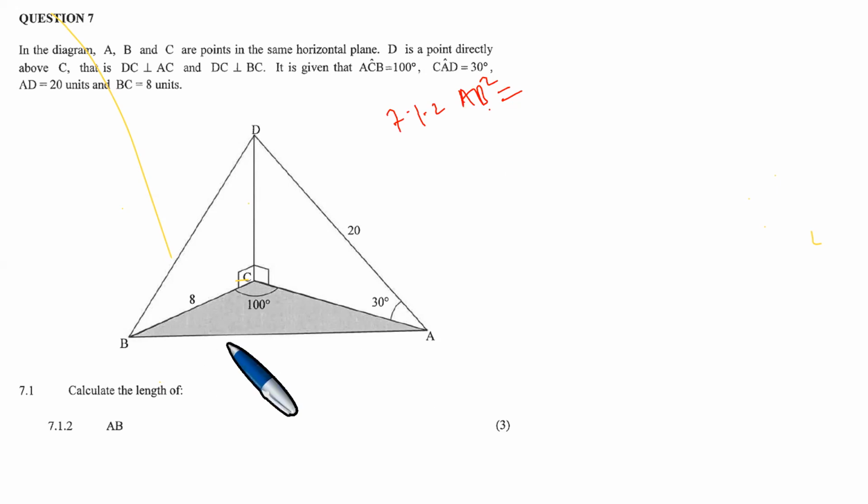All right, so if you look at this triangle, you can take it out. So you have B, you have A, you have C. So what is AB squared?